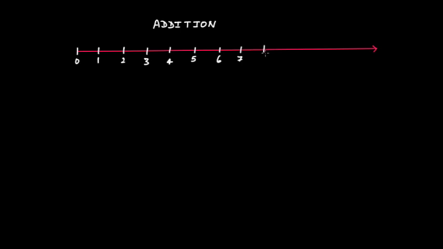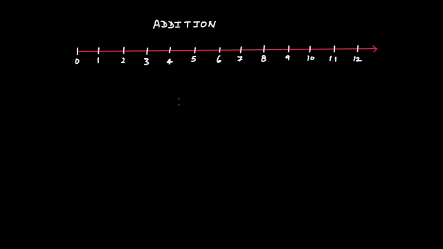If I draw this line again, and if I plot 0, 1, 2, 3, remember all are equidistant from the previous one. 4, 5, 6, 7, 8, 9, 10, 11, and this is 12.